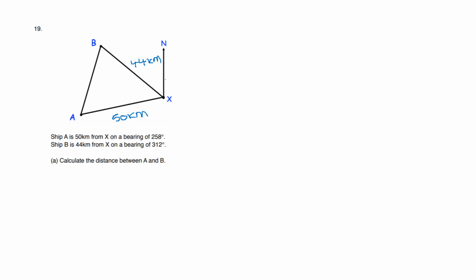Ship A is on a bearing of 258 degrees. Ship B is on a bearing of 312 degrees.